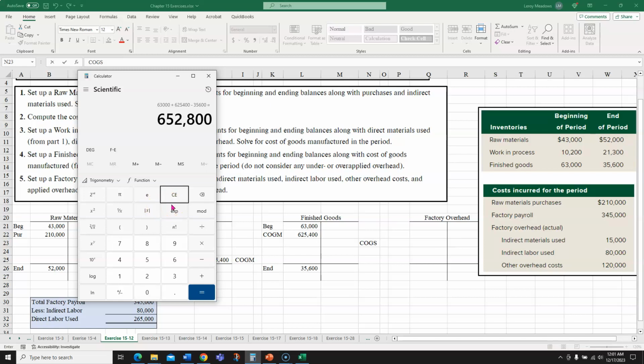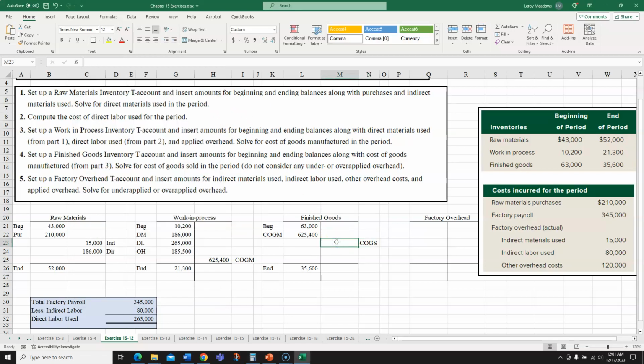And that should give me cost of goods sold, $652,800. There we go. And that is my cost of goods sold.